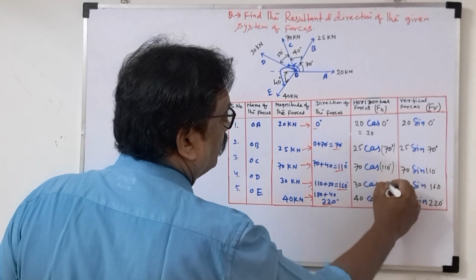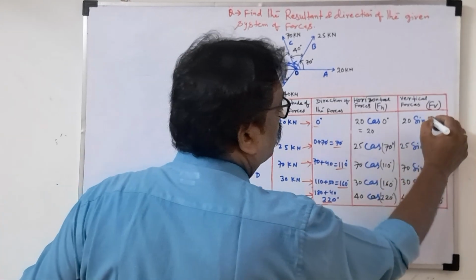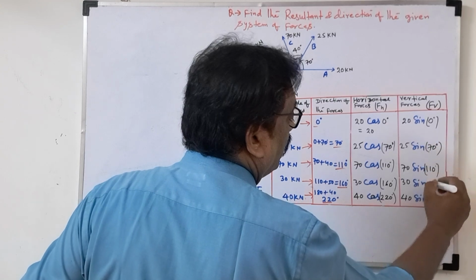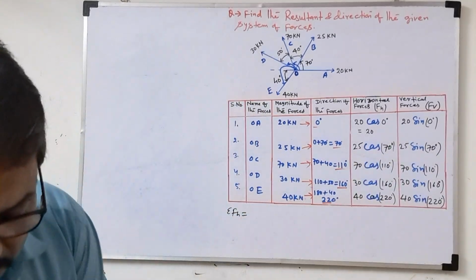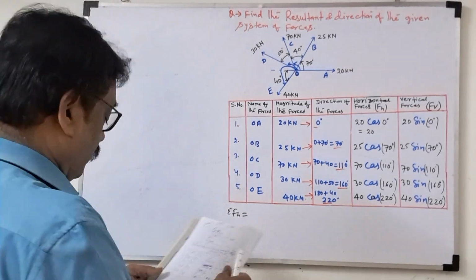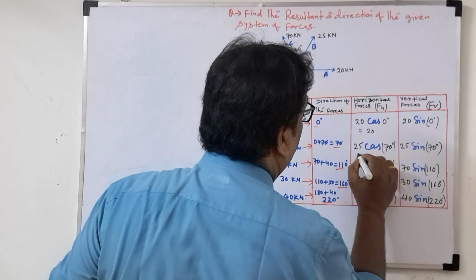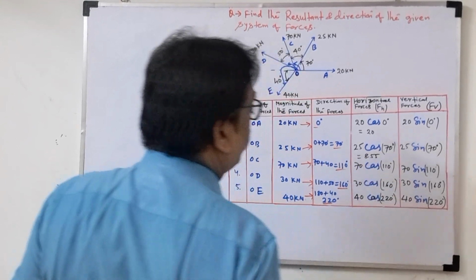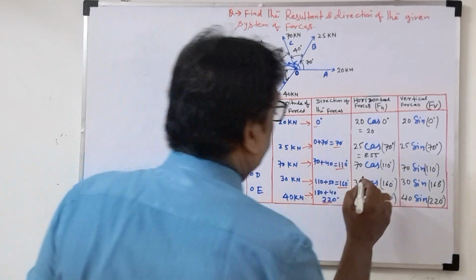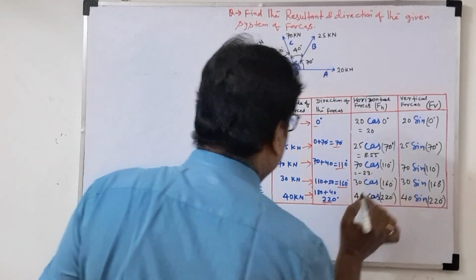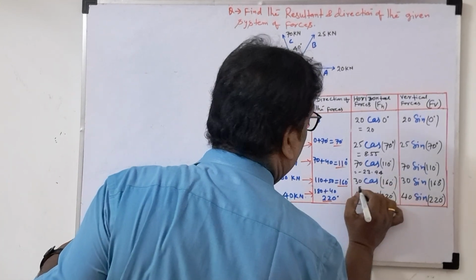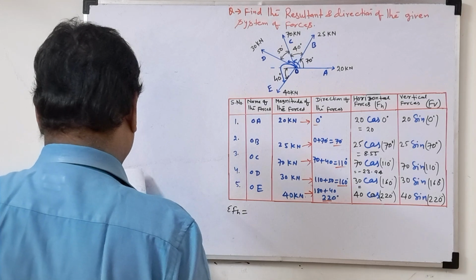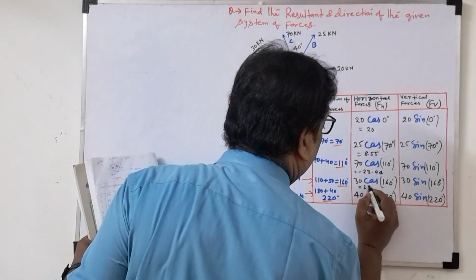Cos 70, now if you write the angle in a bracket, that will look good. So I will directly write the value I have. 25 cos 70 equals 8.55. 70 cos 110 will come minus 23.94. 30 cos 160 will come minus 28.19.